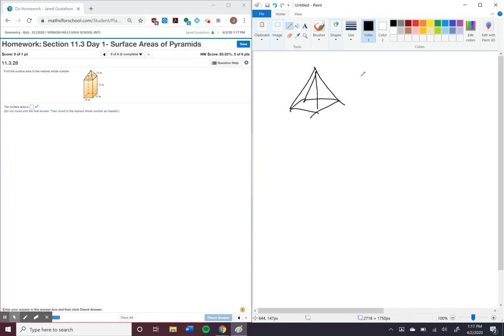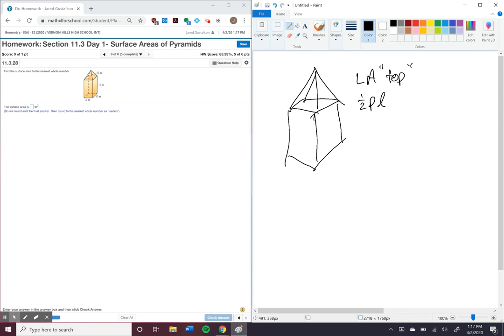So we're just going to find the lateral area of the top. So that means we're going to need the perimeter, or 1/2 perimeter times the slant height. Then we have a rectangular prism underneath, but we're not going to consider the top of it.